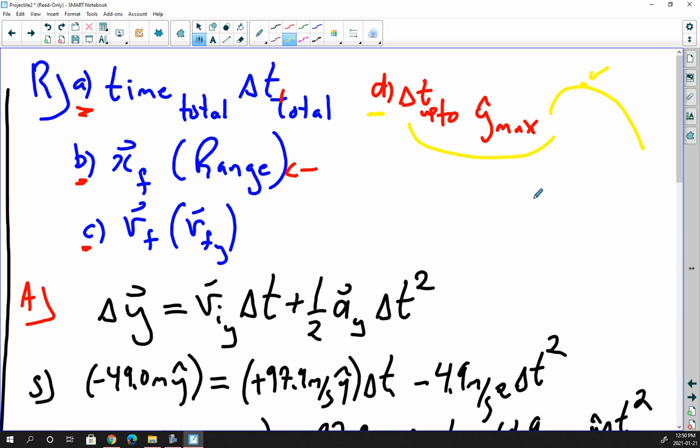So just like you did in grade 11, you need to go back and look at your equations and select the appropriate equation that will let you solve the problem. Now, sometimes the equation is on the x component side. Sometimes the equation is on the y component side.